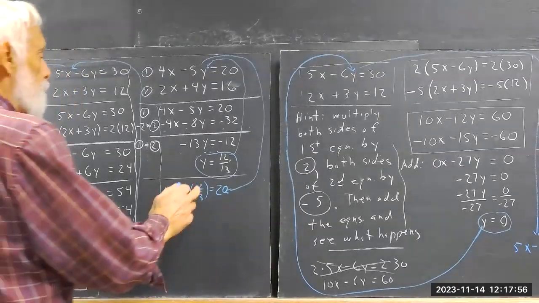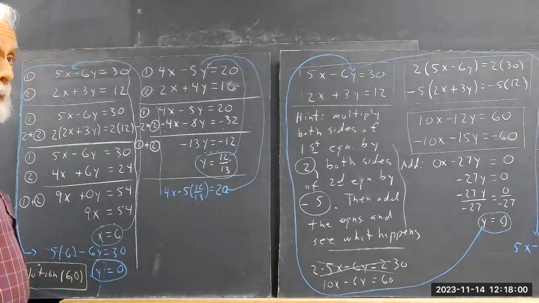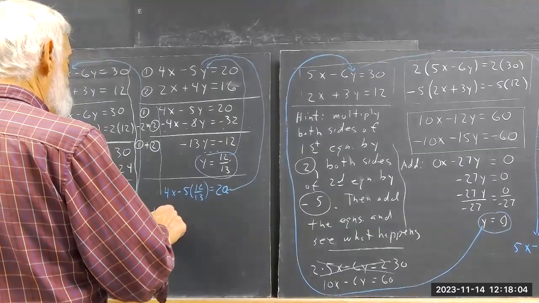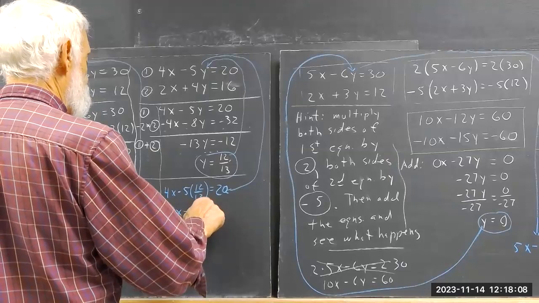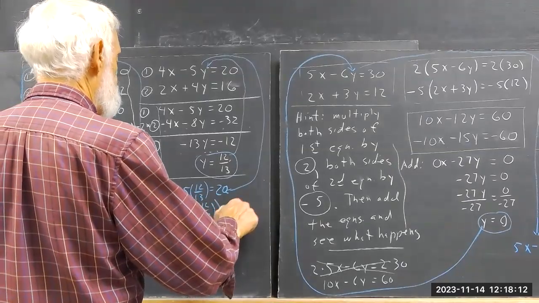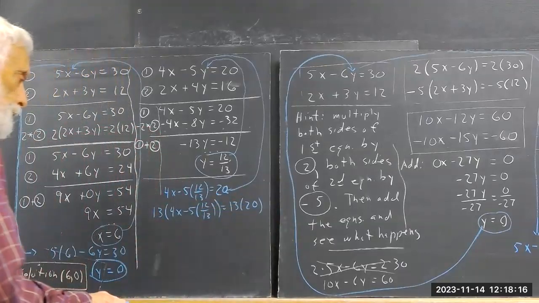What do we do? We have a denominator. We multiply both sides by the denominator. We do 13 times 4x minus 5 times 12/13 equals 13 times 20. We're going to get some kind of big numbers, but they're not that hard.